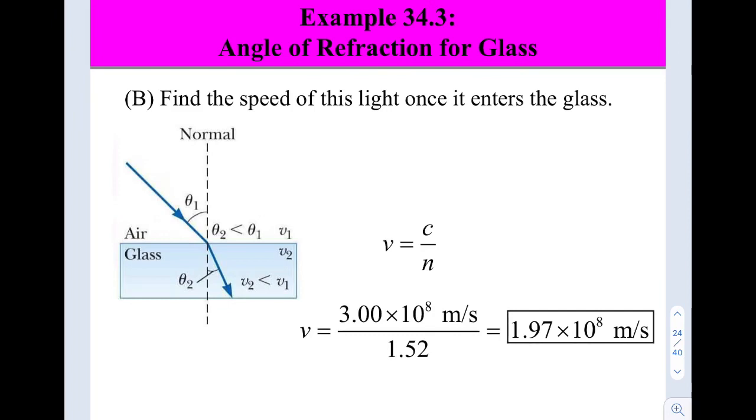B. Find the speed of this light once it has entered the glass. As we know, N is equivalent to C over V, so V is C over N, where the speed of light is 3 times 10 to the power of 8. You may also get this value of C from your calculator.